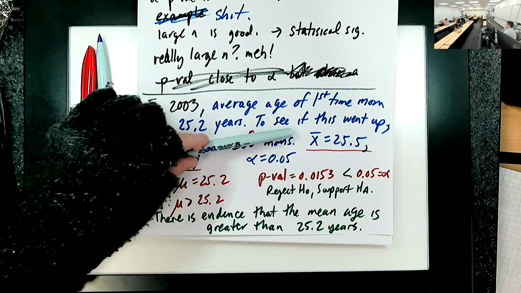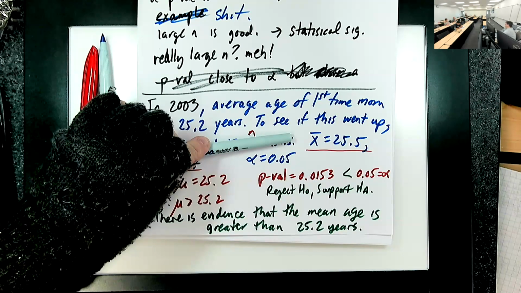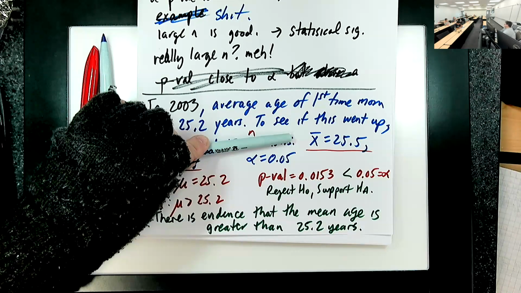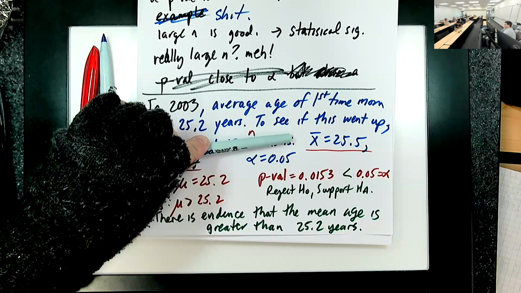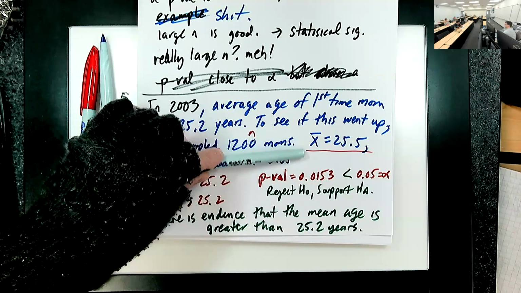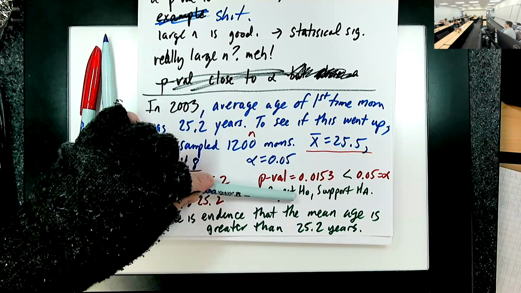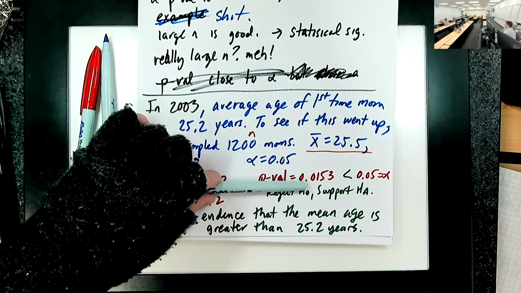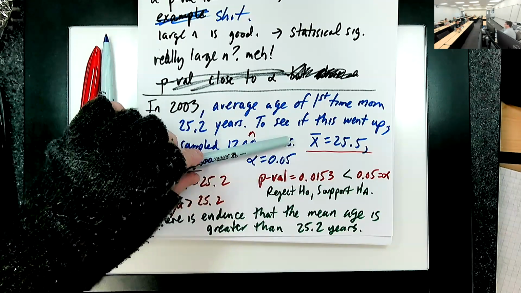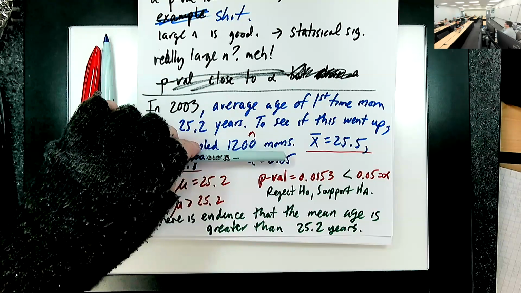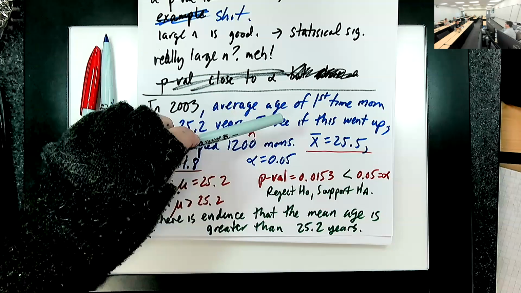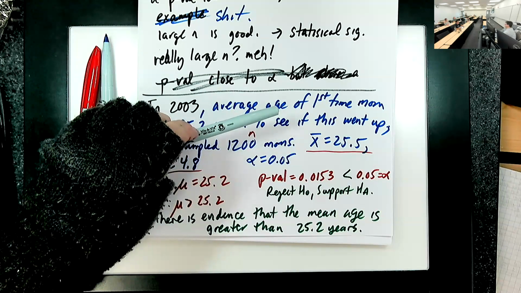The sample age was 25.5. How much time is the difference between these two mean ages? 0.3 years. How long is 0.3 years? 3 months, maybe 4 months, 3.5 months? Has the mean age really gone up? Is that really all that practical?